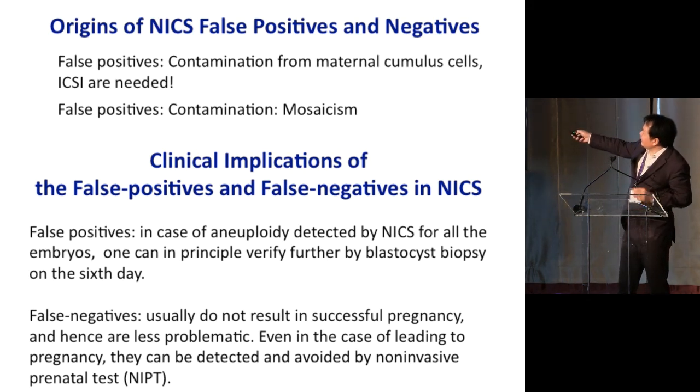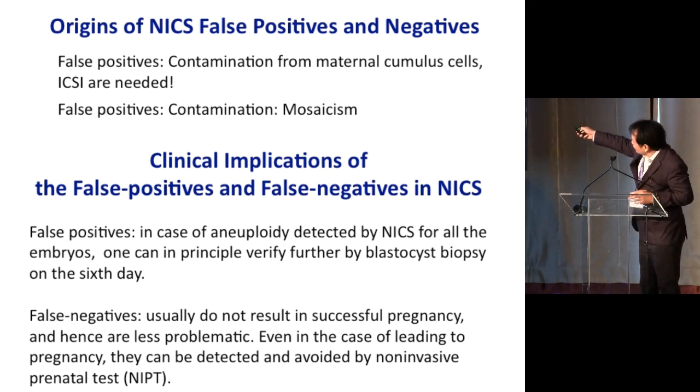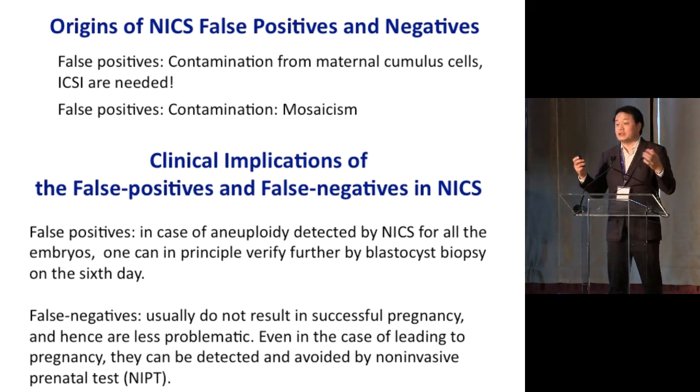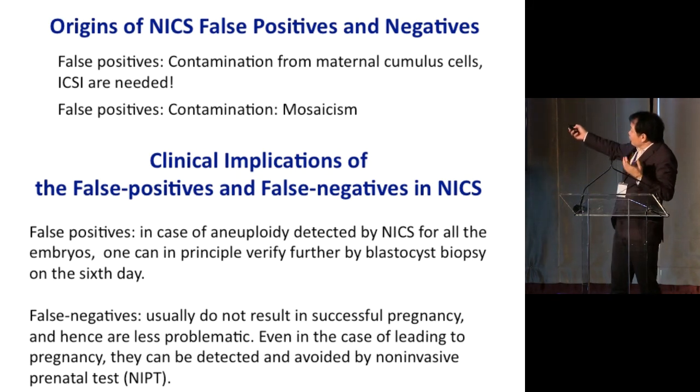I did this too quickly. The false positive comes from mosaicism. So basically, you all know you could have cells that have aneuploidy generated, but they might not last very long, so they will undergo apoptosis. So now, when that happens, you could have abnormal copy number in the spent culture.